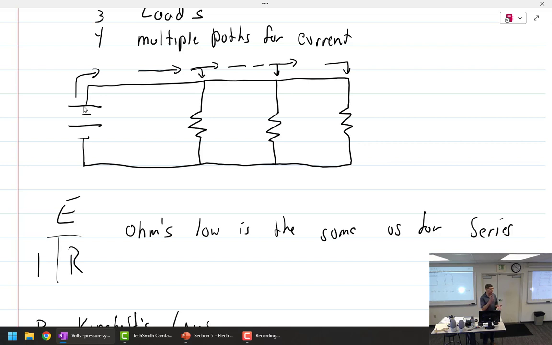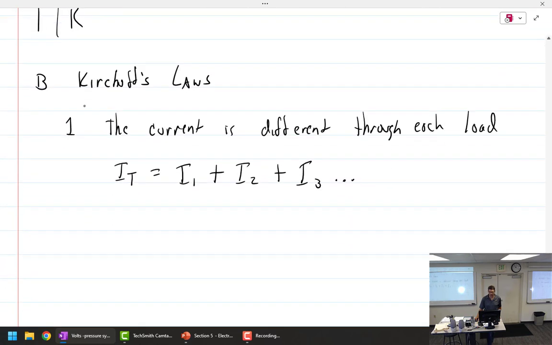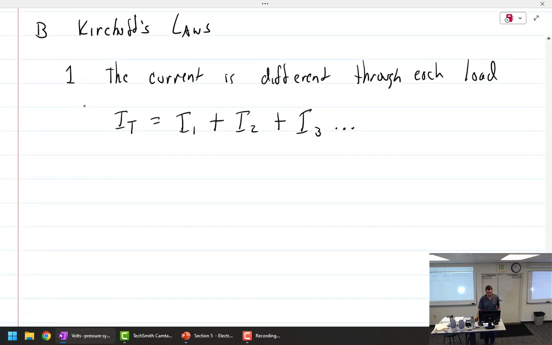And if we add up the current that went through 1, 2, and 3, we would get the total current. It just splits up, because electrons can't flow through all of them at the same time. So it runs through here, the electron's going to go that way, and then it's going to return. It's going to run through this way, come down, and return. And run through this way, come down, and return. All right, so current is different through each load.